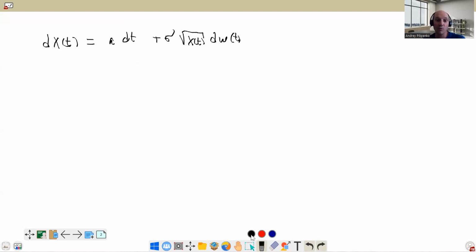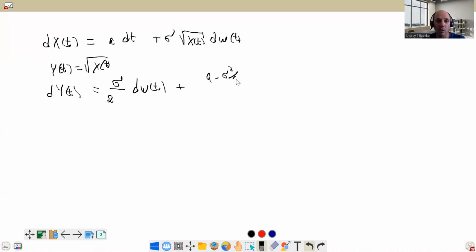And if you write Ito formula, then up to the moment of hitting 0, you will see that y is a solution to the following SDE. dY(t) = (sigma/2) dW(t) + ((a - sigma^2/4)/2) (1/y(t)) dt.